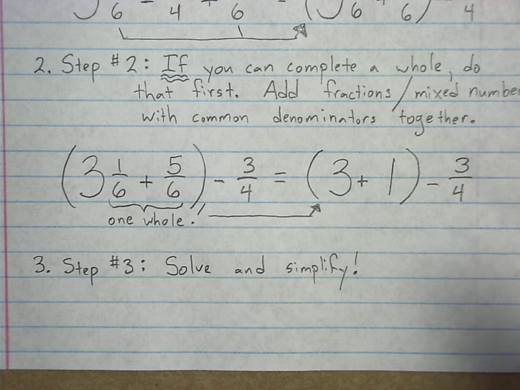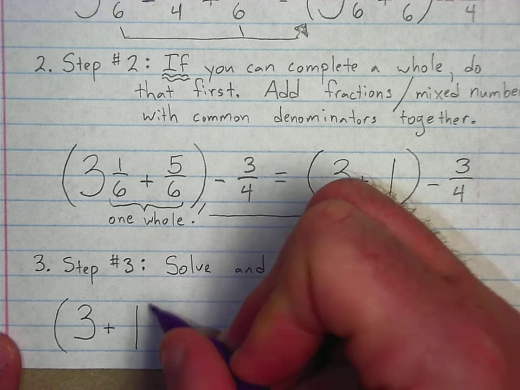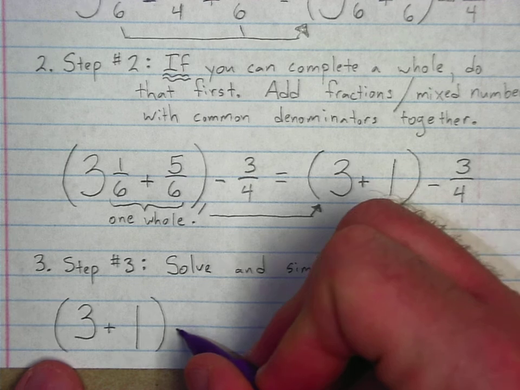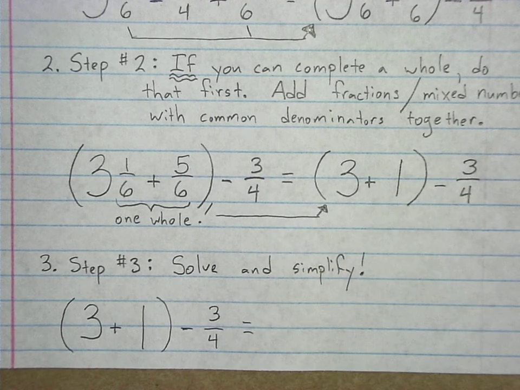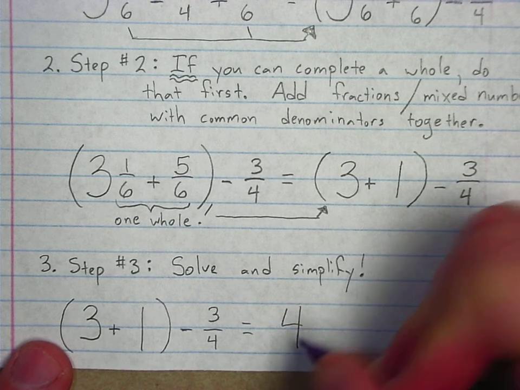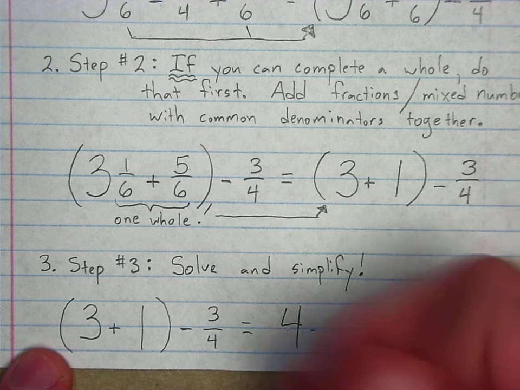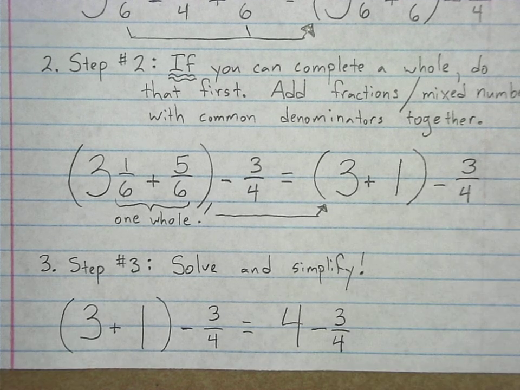Now we're out of paper, so we're not going to spend a ton of time lining everything up. And again, the idea is hopefully you don't really have to. This first part in parentheses doesn't get a whole lot easier than that. Subtracting the 3/4 might take a little bit of brain power, but we're up to the challenge. 3 plus 1 is 4. Okay. Minus 3/4. So 4 minus 3/4.